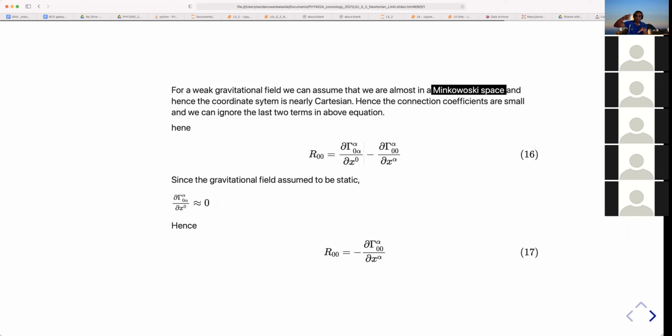For the Ricci tensor, remember you have four different components. It's a combination of four components. In the last two terms, where you write the multiplication of different connection coefficients, those two straight away go away when you assume that we are almost in the Minkowski space, right? And the coordinate system is nearly Cartesian, right? The reason is, if the system is Cartesian, we don't need to worry about these connection coefficients.